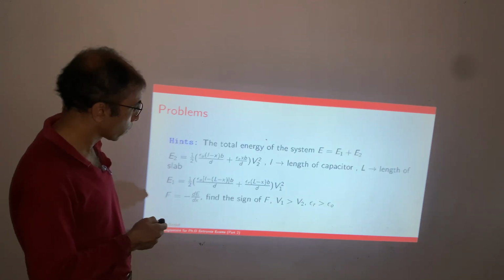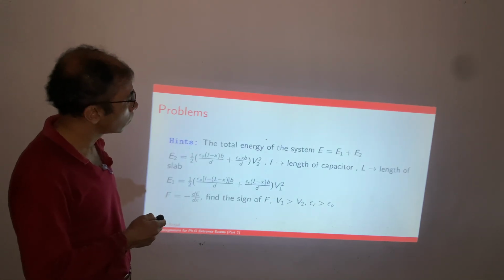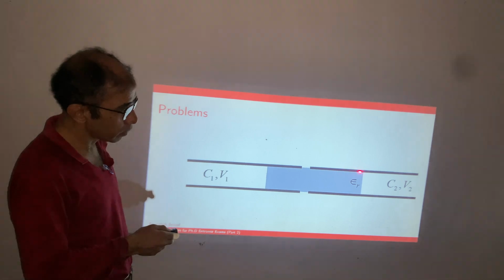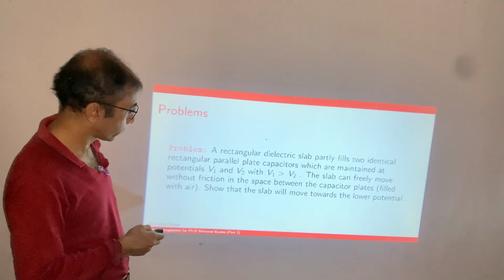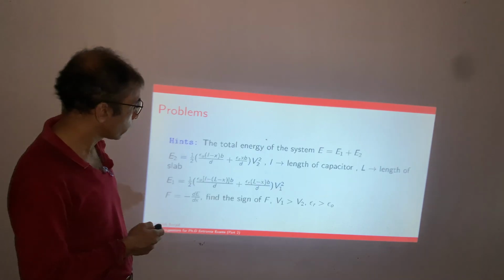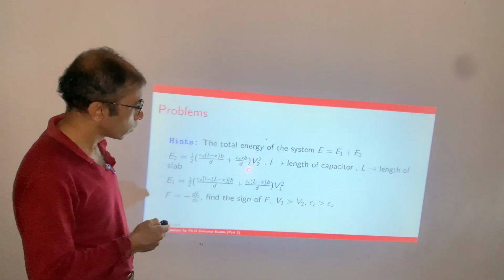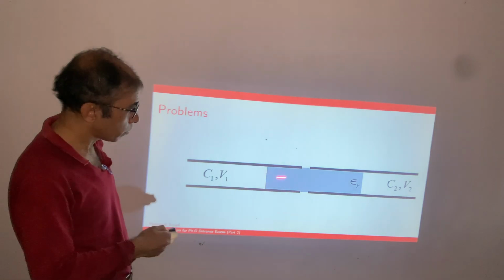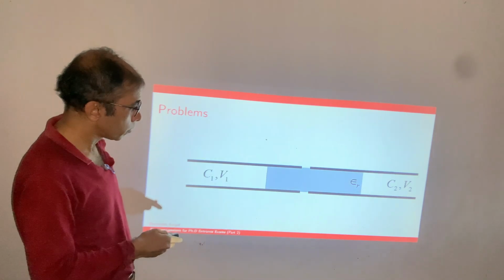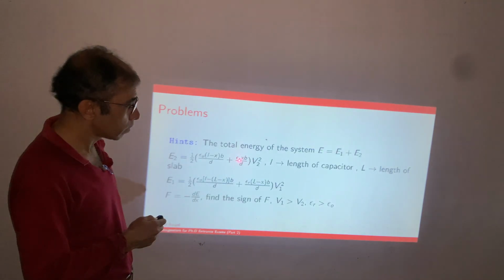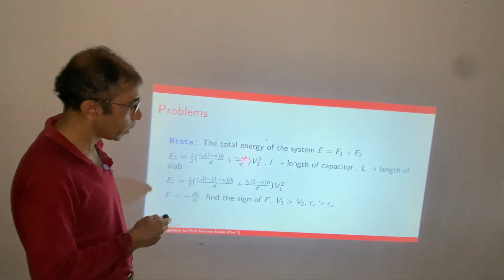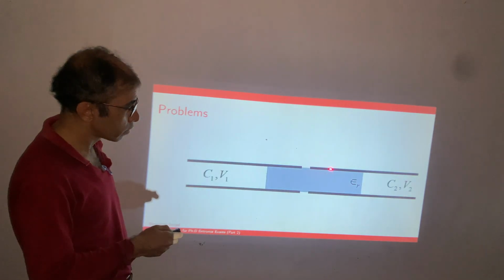If the breadth of the system is b, then the energy of the system is half CV squared. What is the capacitance of this part? This part is epsilon r epsilon naught x b by d, where d is the separation, b is the breadth, and x is this distance.